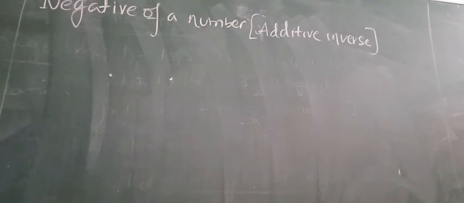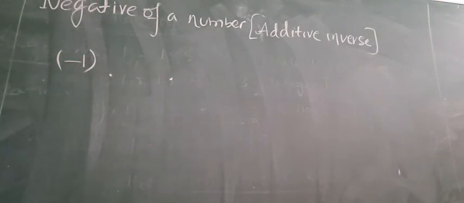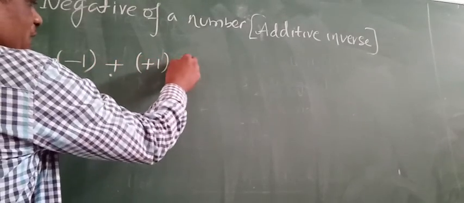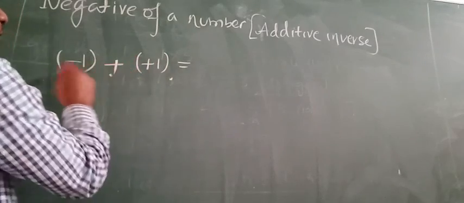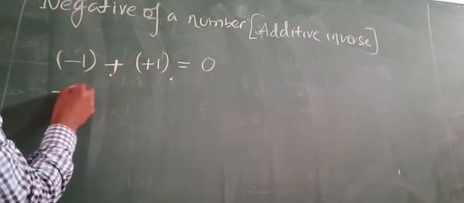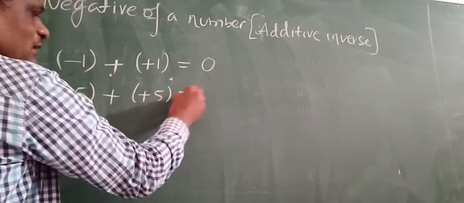Now let us select some numbers here. -1. If you add -1 to +1, what sum are you going to get? -1 added to +1, you will get 0. Or -5, you add this one to +5, you will get 0.